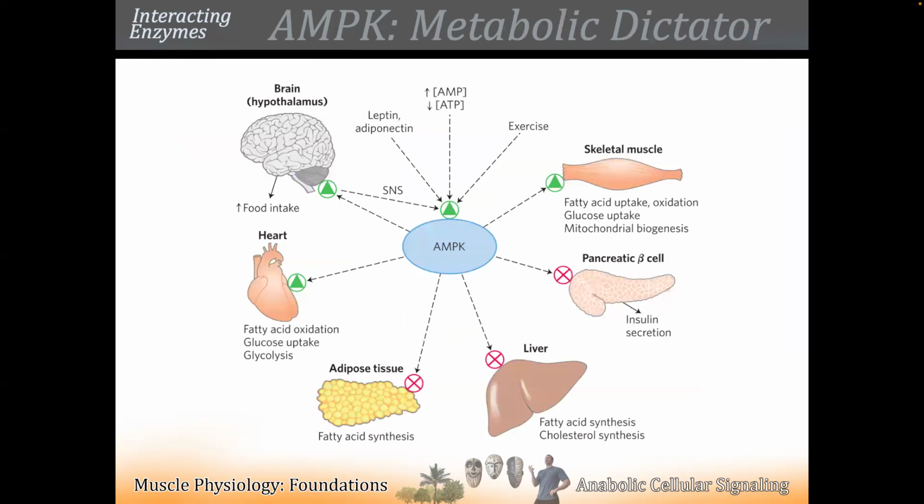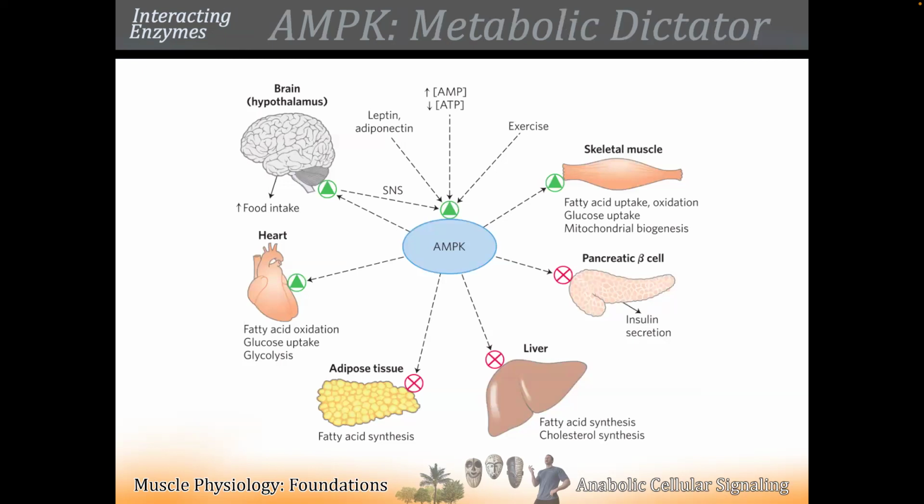And the major inhibitor is AMPK, adenosine monophosphate activated protein kinase, AMP activated protein kinase. AMPK helps regulate the energy status of your muscles during activity, during exercise, whatever it is.